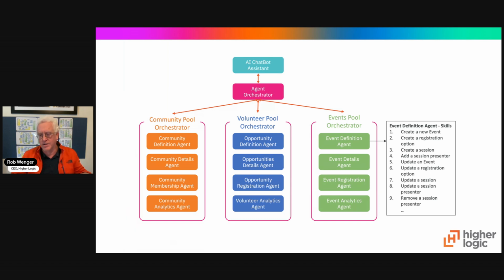So here the orchestrator will ask the events pool orchestrator, which knows it's got an event definition agent, which can do all the skills listed on the side there. By breaking things down into smaller chunks and assembling them on the way up, you get better things done.